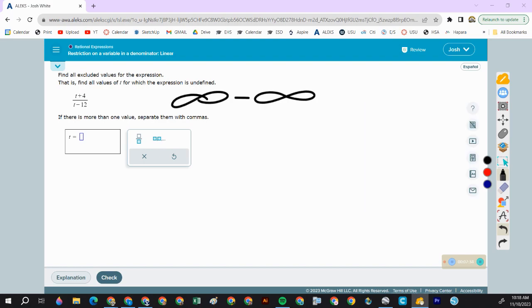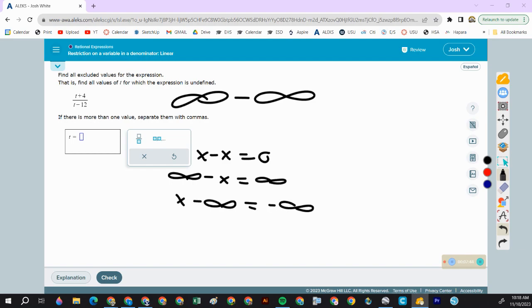Well, x minus x is 0, right? Infinity minus x is infinity, and x minus infinity is negative infinity. So what is infinity minus infinity? Could be any of those 3. We also run into the same problem when we do this. What is 0 divided by 0?